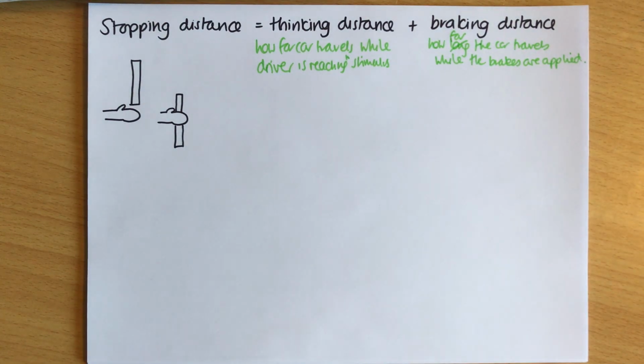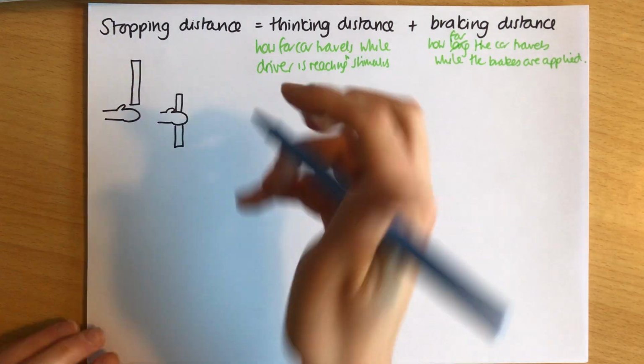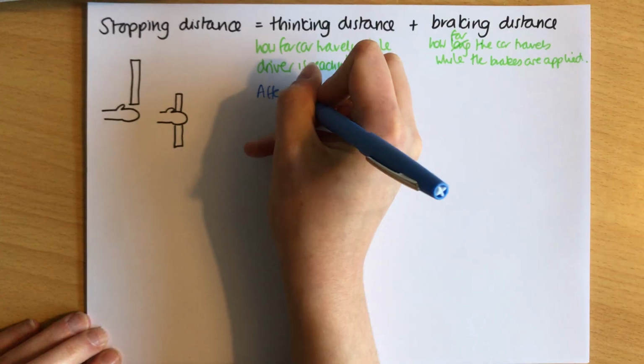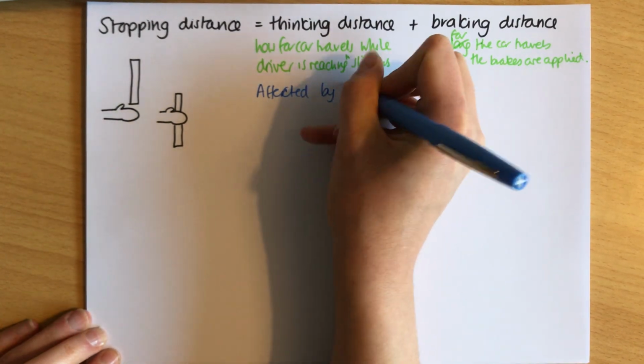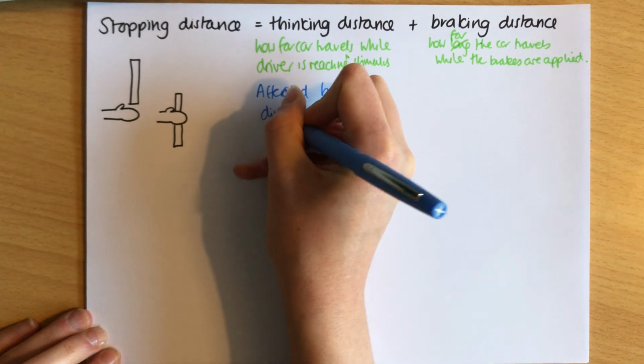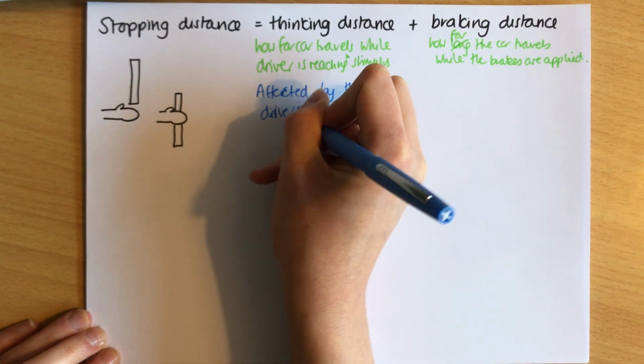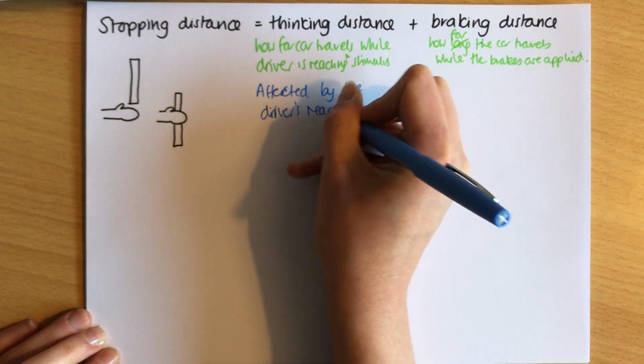Now, these two things have different factors that can affect them. So the thinking distance is generally affected by the driver's reactions, or the driver's reaction time. I'm getting sloppy because it's been a long video.